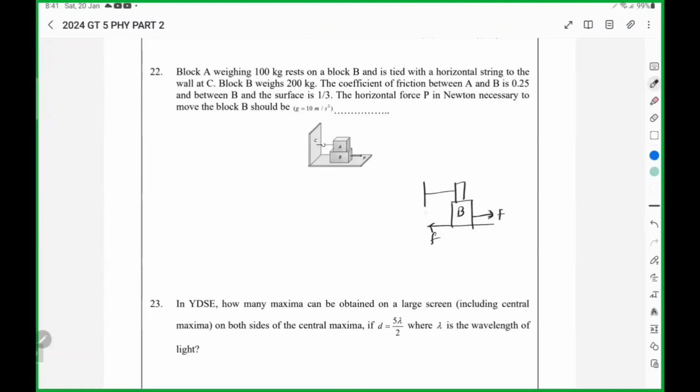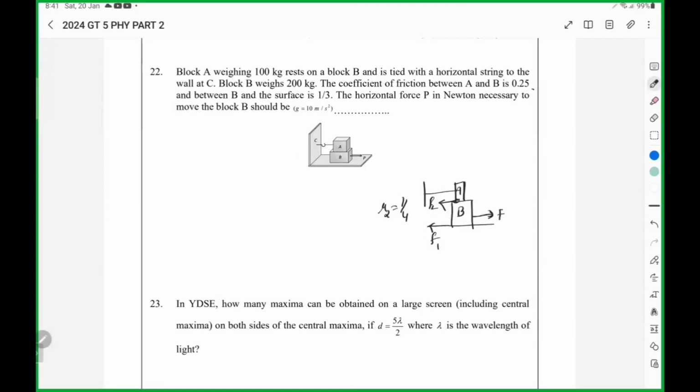Since it is connected to other support, even there will be a friction between them. So let us say F1 and F2. Friction between A and B is how much? 0.25.